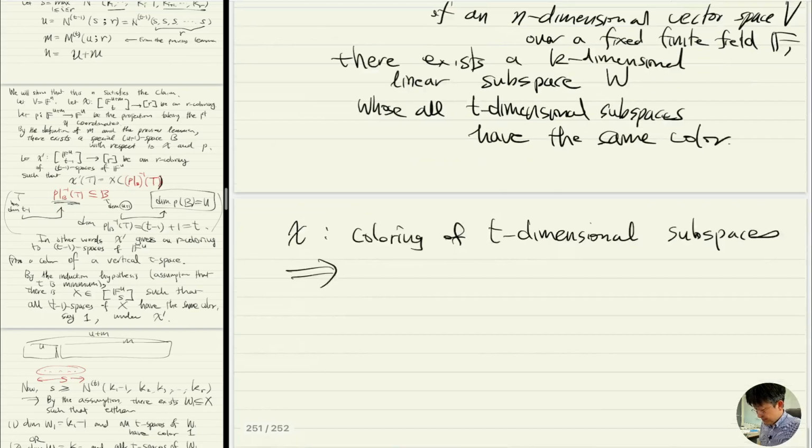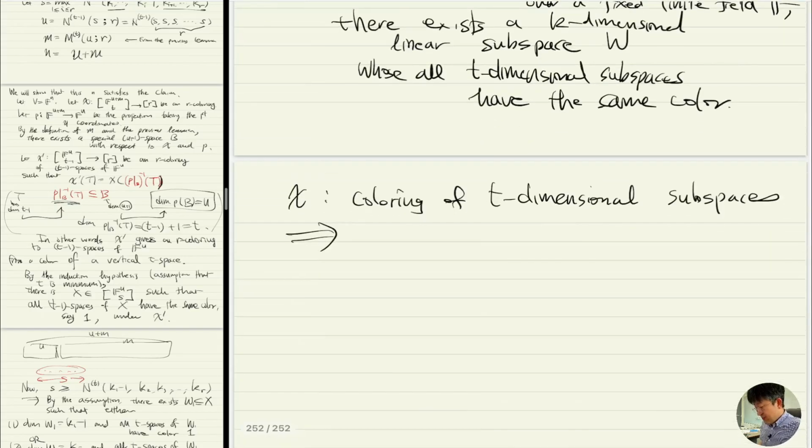Then I'm going to color t minus 1 spaces.